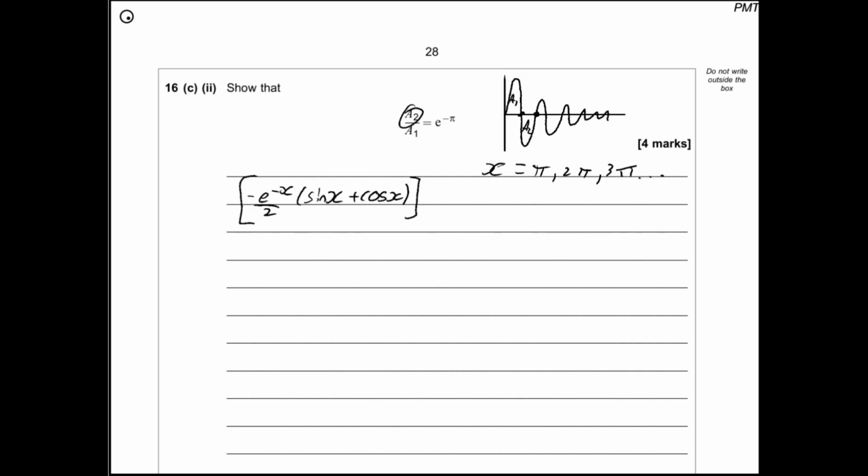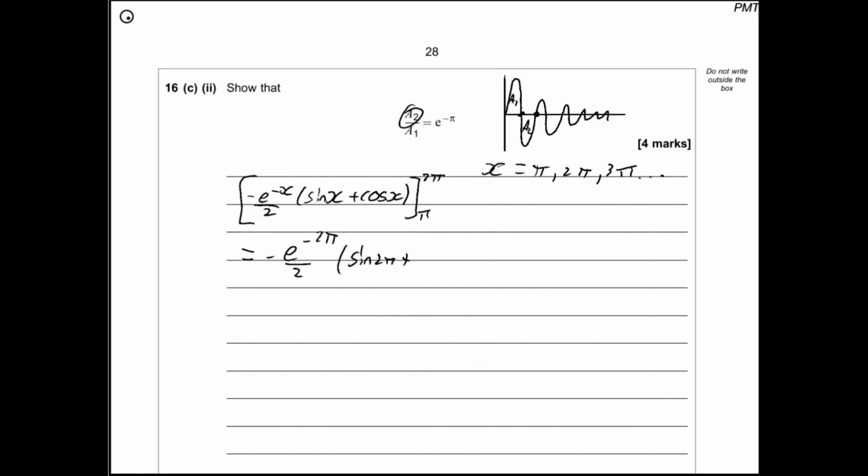So let's do 2 pi at the top and pi at the bottom right there. Subbing all of this in. I'm just going to write out initially. Oh, not sin x.